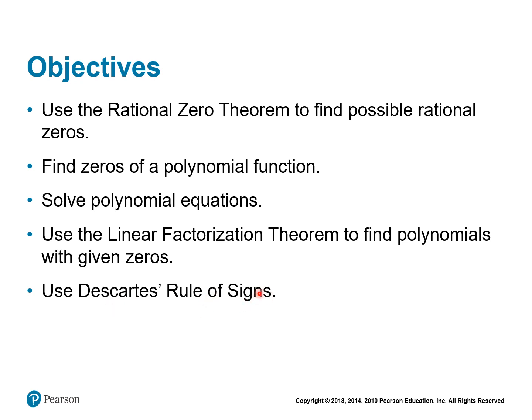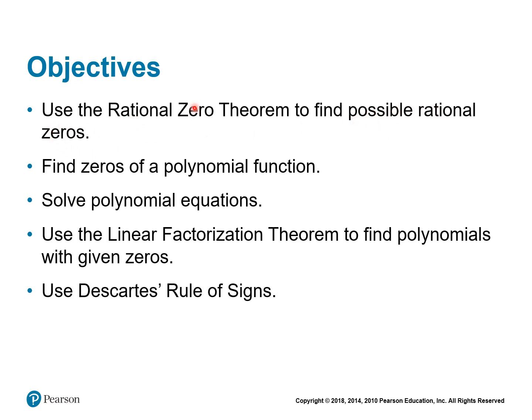So this chapter is going to be pretty long with a lot of theorems to learn. All right. So we'll start with the rational zero theorem. The rational zero theorem tells us a way of finding possible rational zeros.